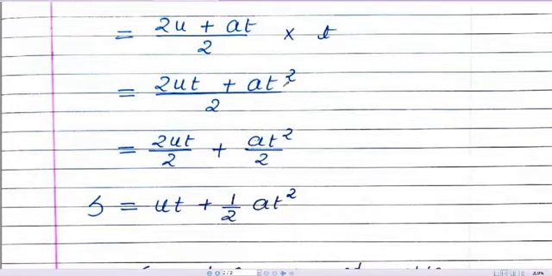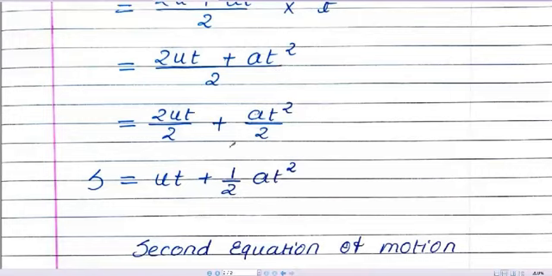Now, this can be further simplified. It becomes 2ut upon 2, this plus will remain here, and at square upon 2, because this 2 is in division relationship for both, that is 2ut and at square. Now, we can say that this 2 and 2 are cancelled, so this ut will remain here.